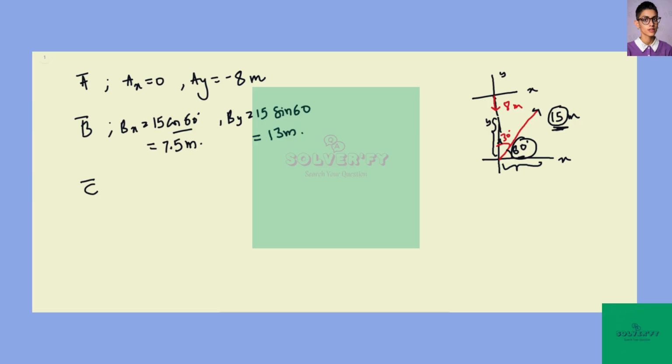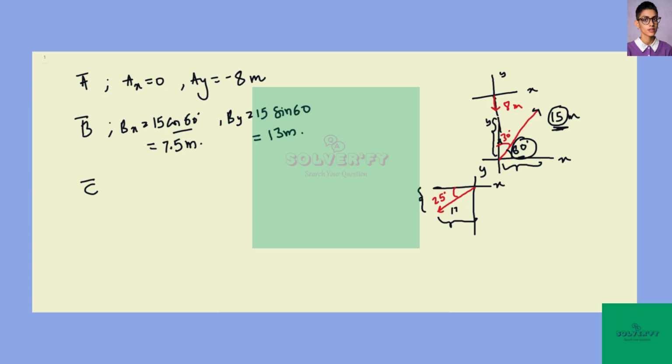Now for vector C, it makes an angle of 25 degrees with the negative x-axis, which means, note that both its x and y components are negative, but their magnitudes can be found out very easily.